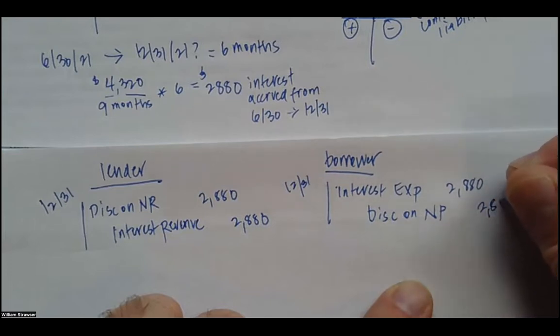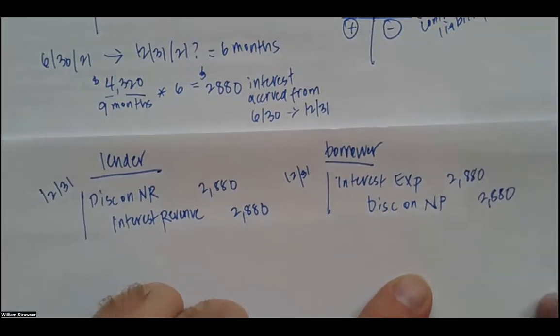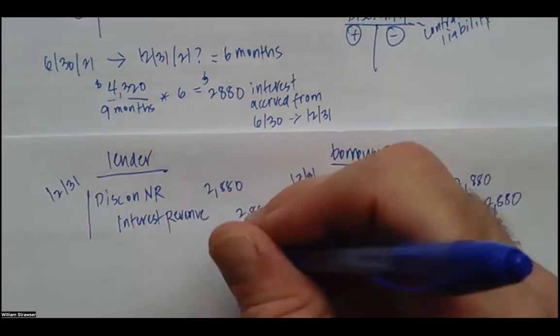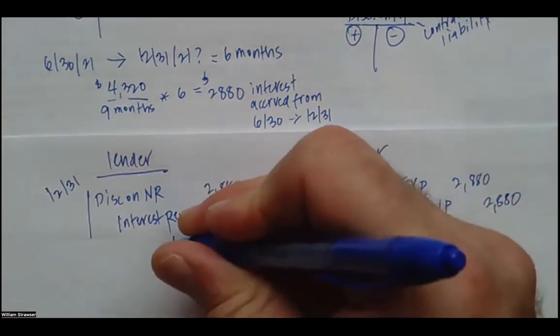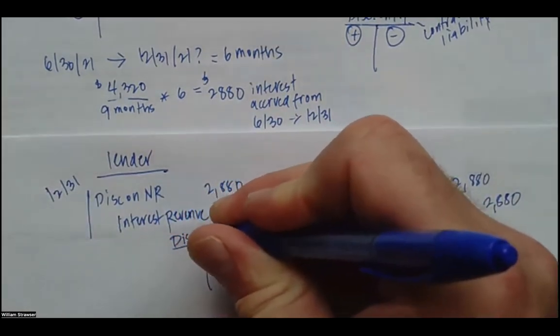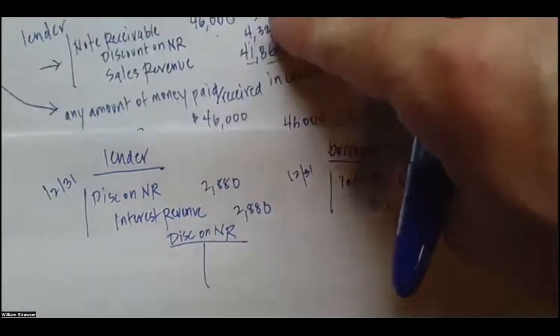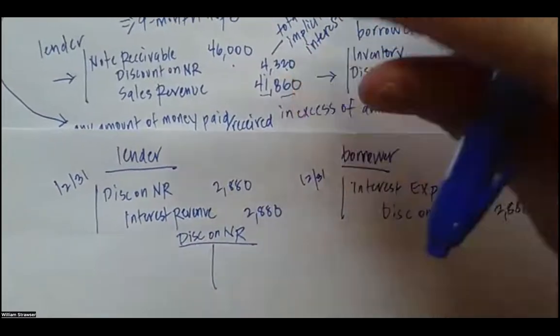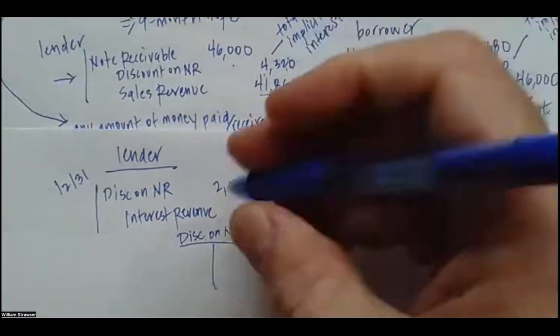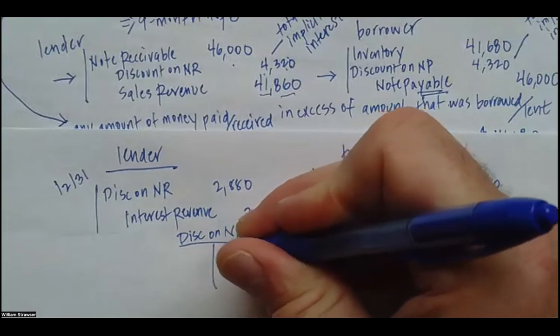And so let's look at what's happening here to the discount real quickly. We can just look at one of them and you can do the other one. So if we just look at the note receivable, it started at 4,320 and it started at a credit amount.